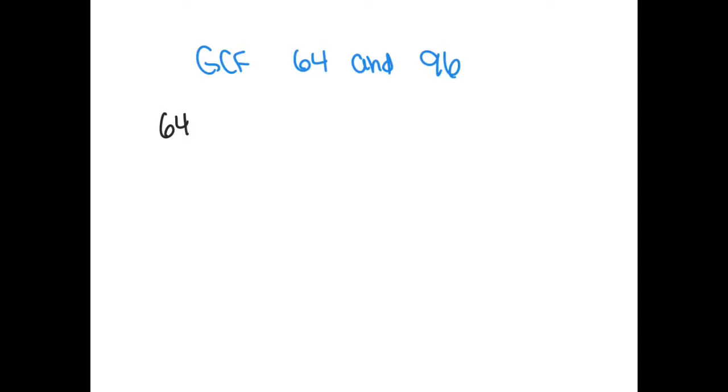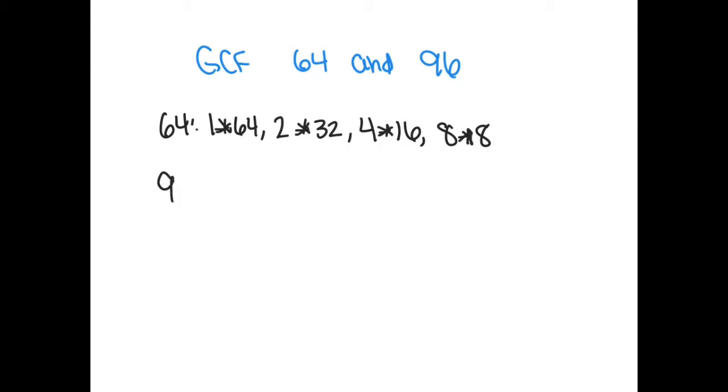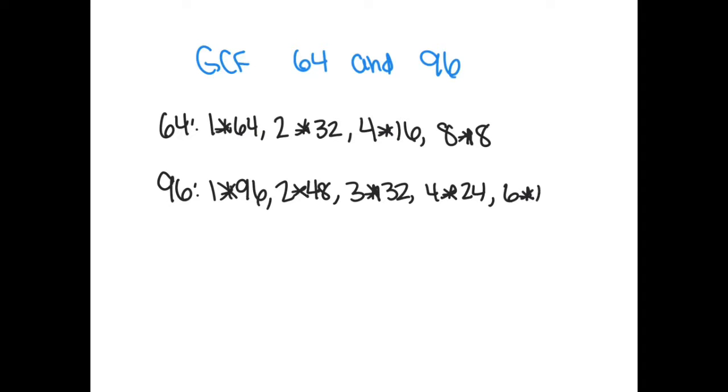So 64: 1 times 64, 2 times 32, 4 times 16, and 8 times 8. For 96, you have 1 times 96, 2 times 48, 3 times 32, 4 times 24, 6 times 16, and 8 times 12.